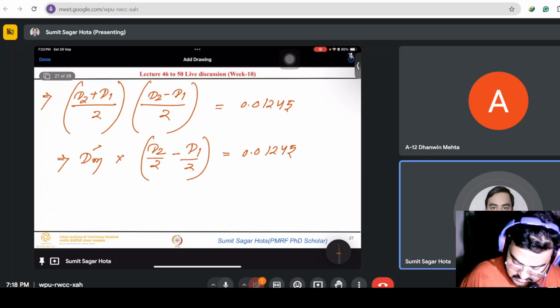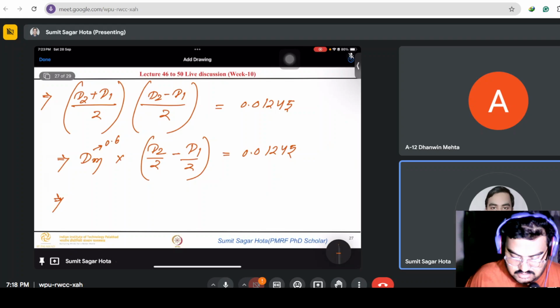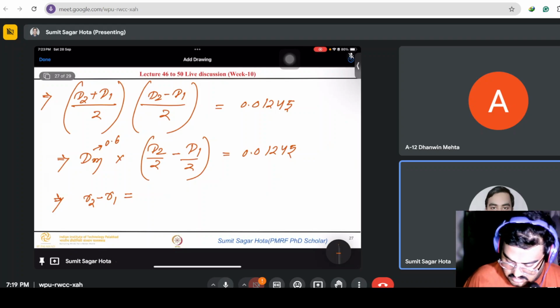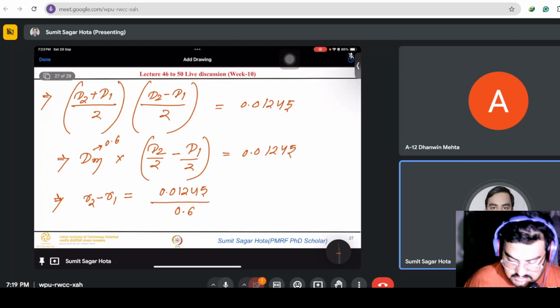What is dm? 0.6. Writing d2 by 2 and d1 by 2 as r2 minus r1, it is 0.01245 divided by 0.6.